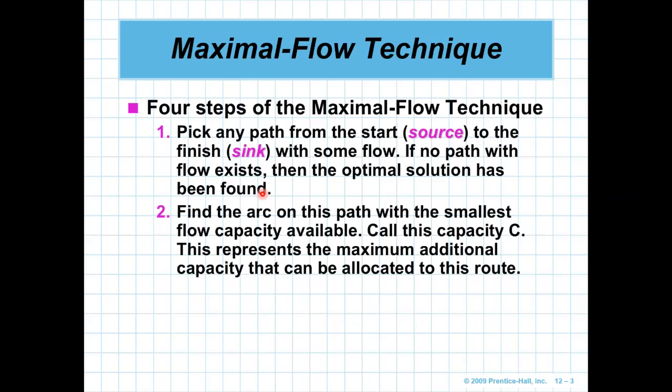The first one is to pick any path from the start, called the source, to the finish. The term for the finish is sink, with some flow. So pick any path, and if no path with flow exists, then the optimal solution has been found.